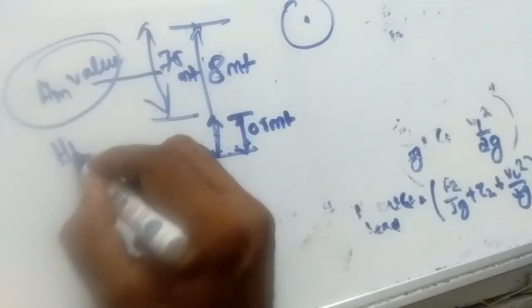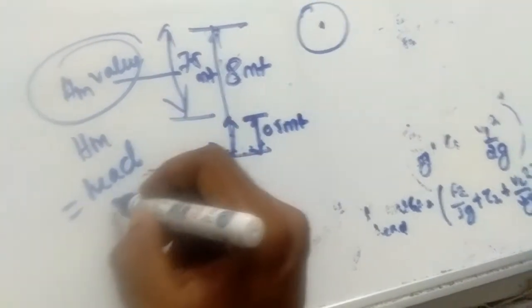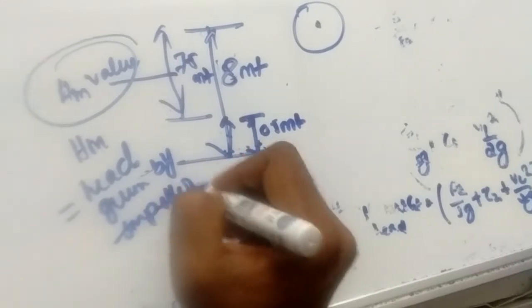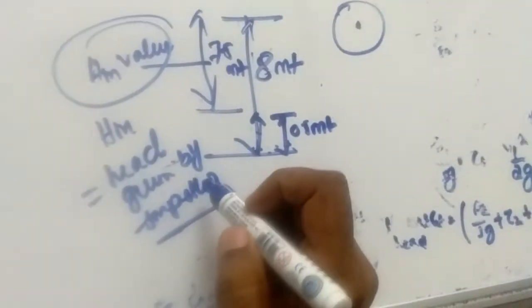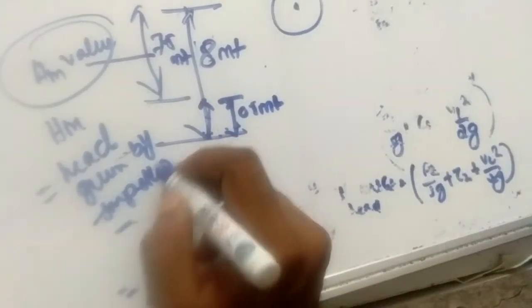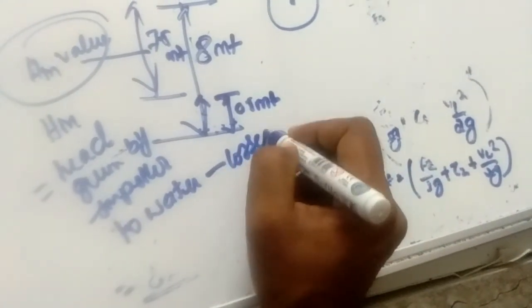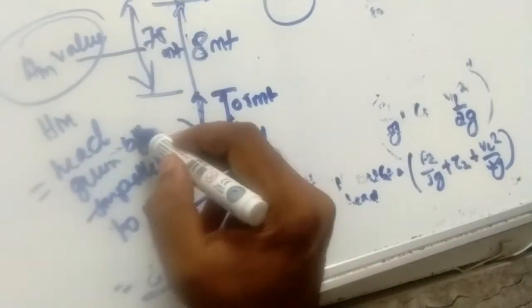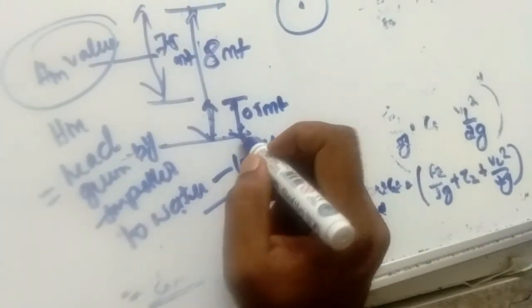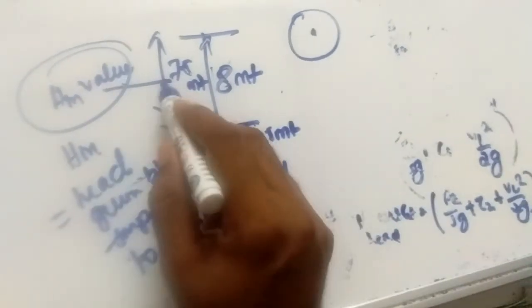HM is nothing but the head given by the impeller to the water, minus losses. So the head given by the impeller, minus losses, is HM.